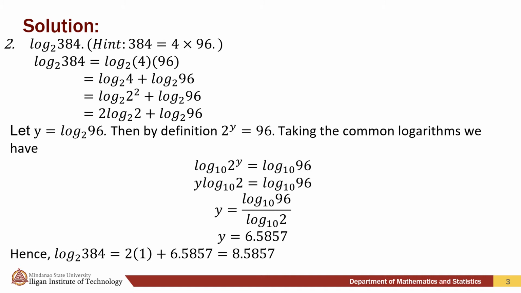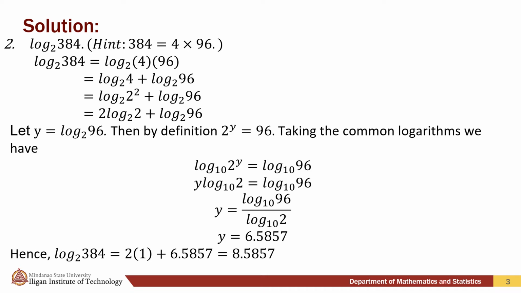So we let y be equal to the log of 96 to the base 2. By definition, we can rewrite this equation as 2 to the y equals 96. If we take the common log, we will have the logarithm of 2 to the y to the base 10 equals log of 96 to the base 10. And solving for the value of y, we can rewrite this as y log of 2 to the base 10 equals log of 96 to the base 10.